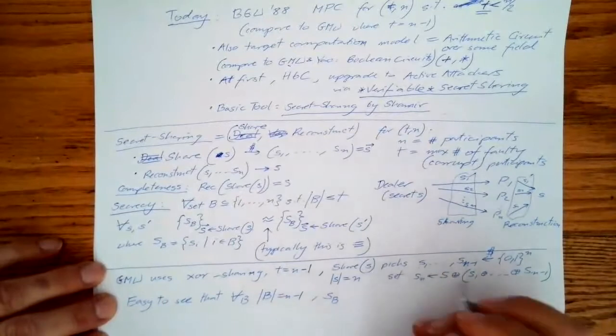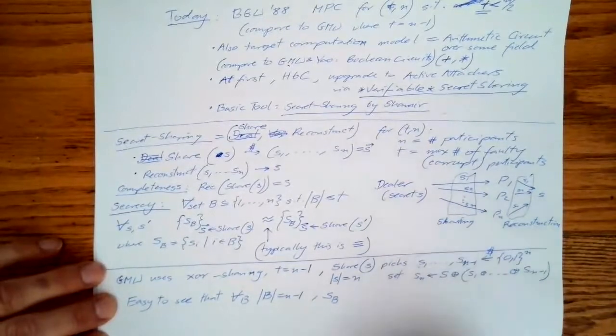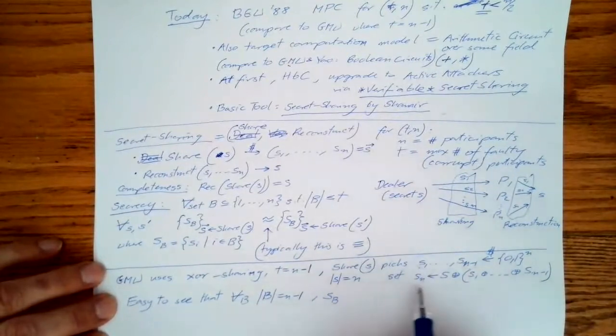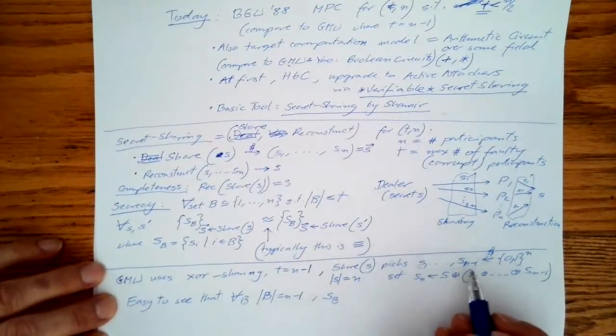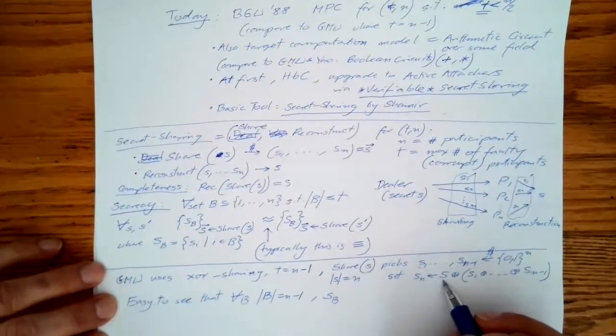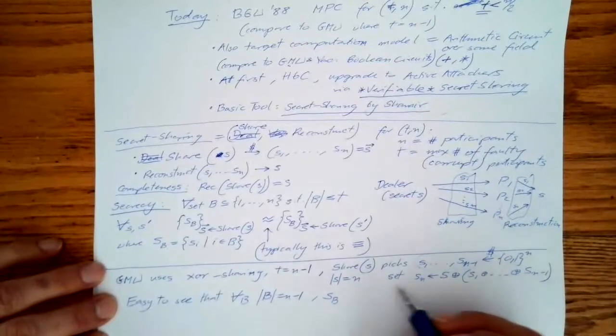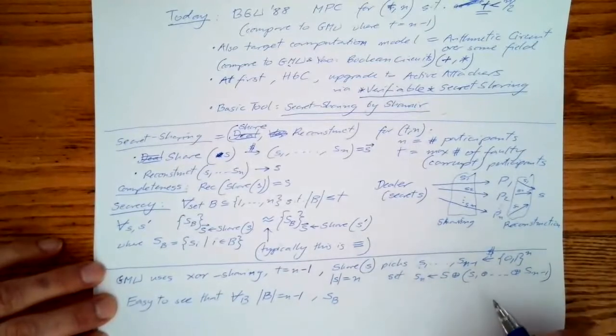So clearly, if B is just these n-1, it's true. These are just one-time pads, so by definition they are independent of S. But in any other set, if this set includes the last guy, well, here S was operated, but the set is missing one of these pads. So therefore, it's a one-time pad under a perfectly secret key.